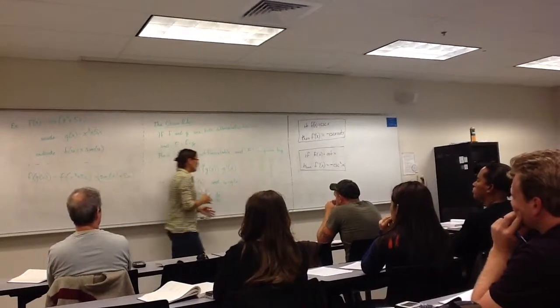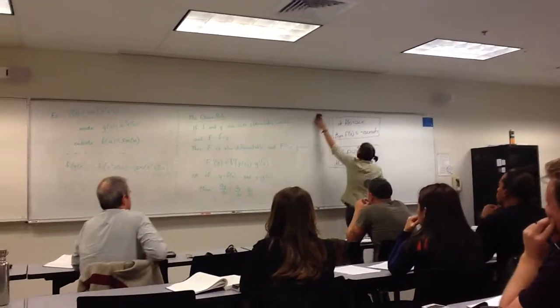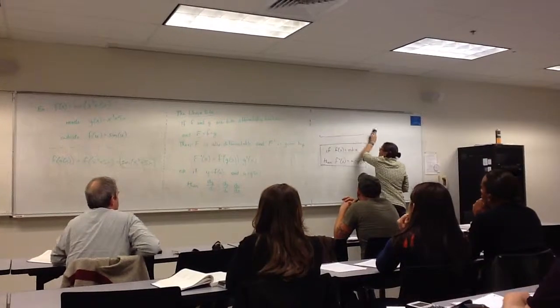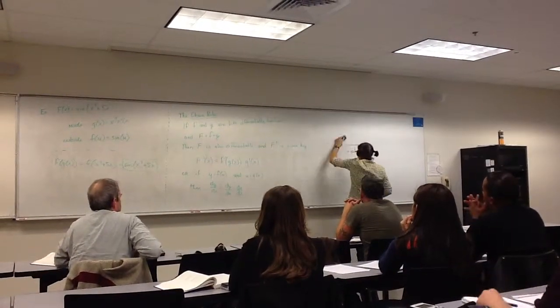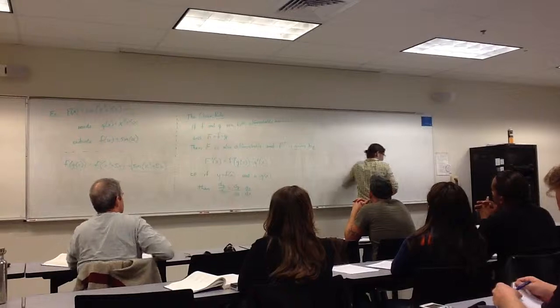All right, so when I think of the chain rule, I tend to not really like to memorize formulas with a lot of symbols, and I tend to remember things in words. So this is how I think of the chain rule.